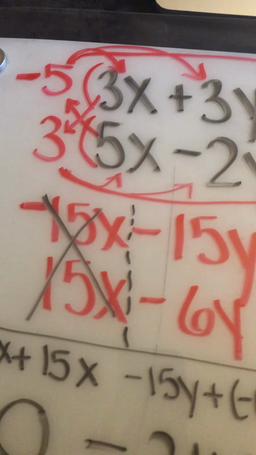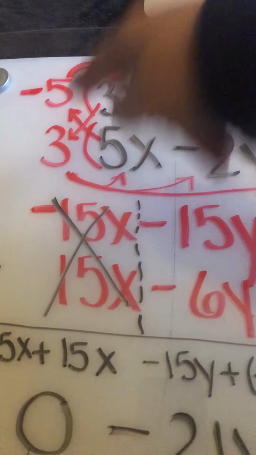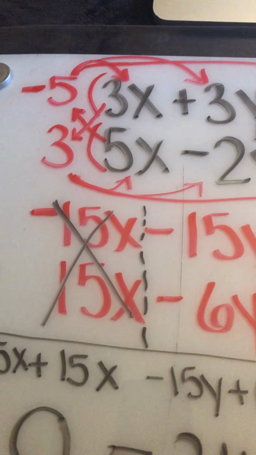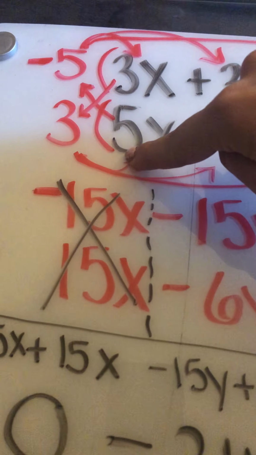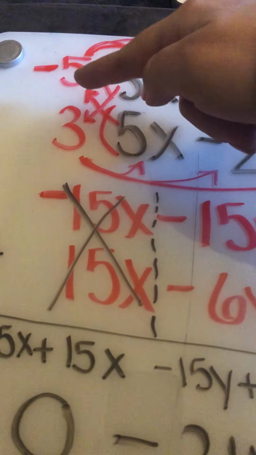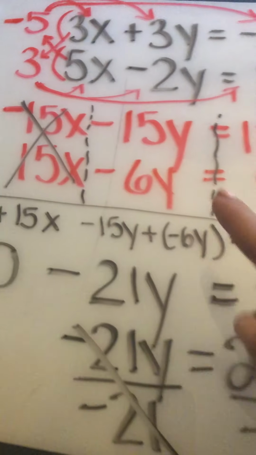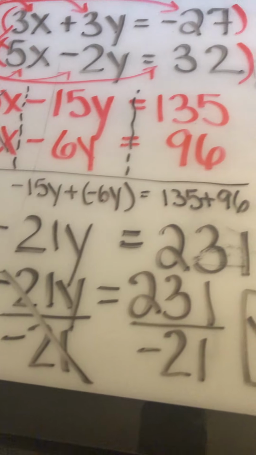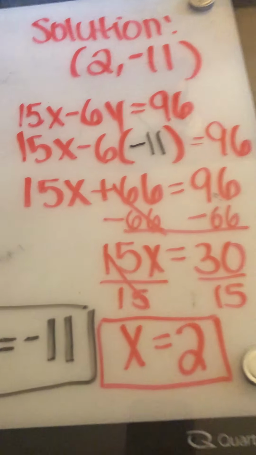This is just an easy trick where you'll always get the same number if you just flip-flop the coefficients, okay? And then just keep in mind, if you make one of them so that the products come out opposite, sometimes you might need to make one negative, then you can use the addition method for elimination, which I think makes things a lot easier because then you don't need to remember to keep change, right?